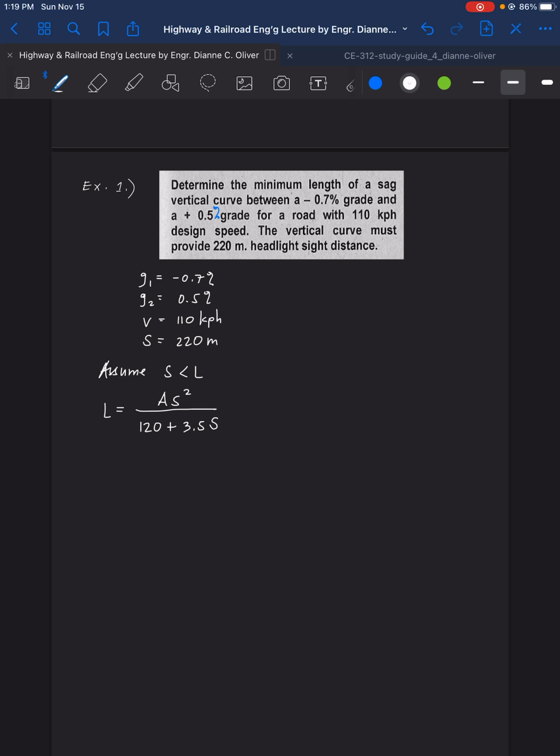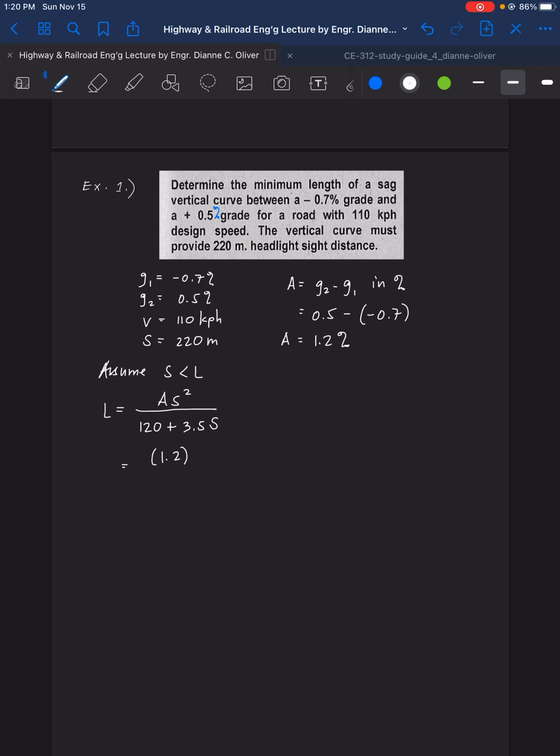Okay, but first let's solve for the value of A. A is equal to G2 minus G1 in percent. So we have there G2 is 0.5% minus negative 0.7%. Therefore, the difference in grade now is 1.2%. Then let's substitute the value here.